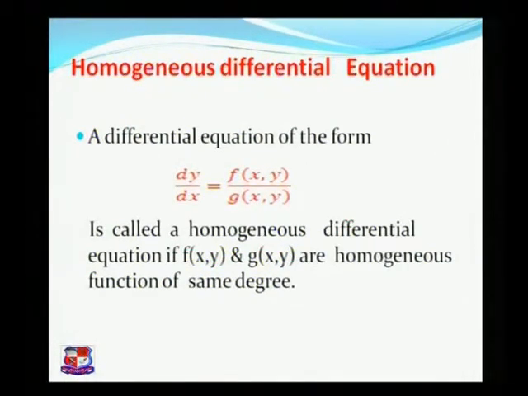We need both functions to be homogeneous functions, and both must have the same degree. Then and only then is this kind of equation known as a homogeneous differential equation.